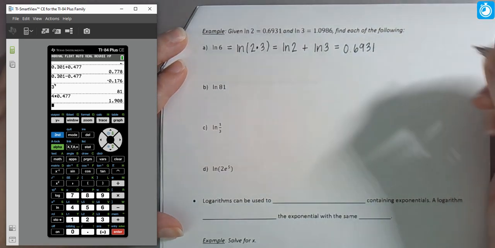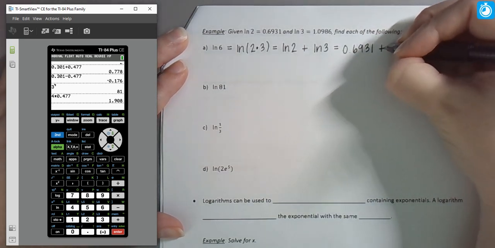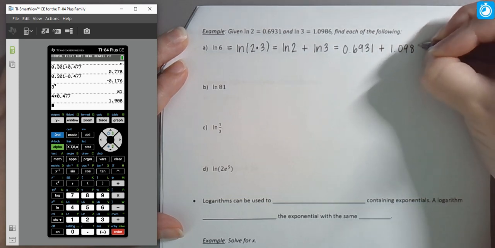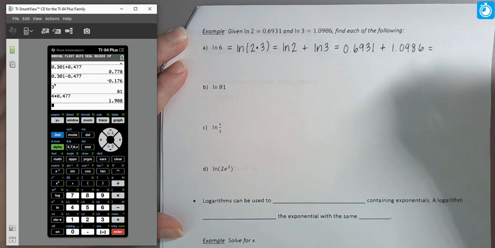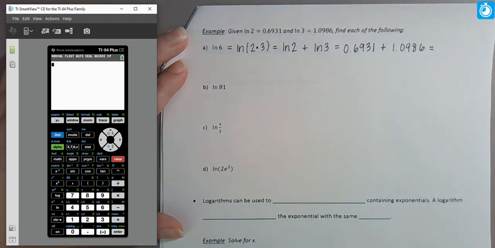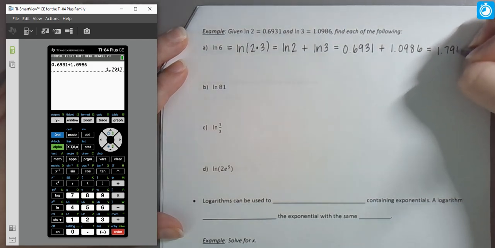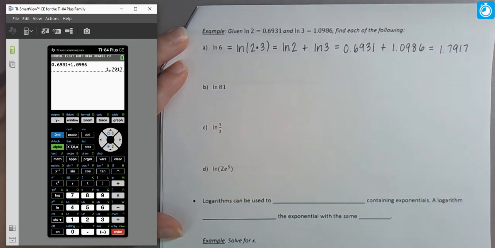This is actually just an approximation of it. And then natural log of 3 is 1.0986. And so if we simplify all of that down, 0.6931 plus 1.0986. And that's going to be 1.7917.